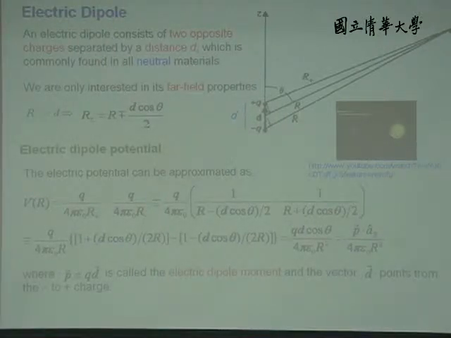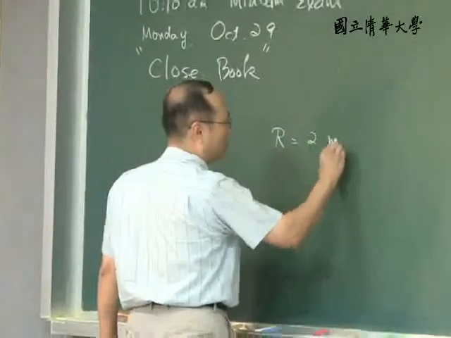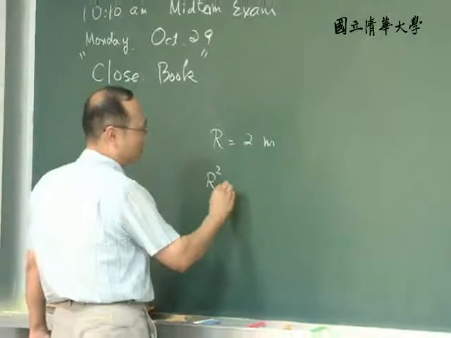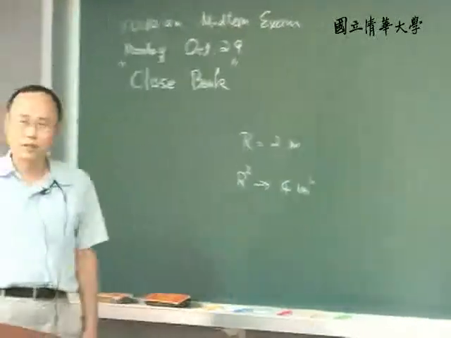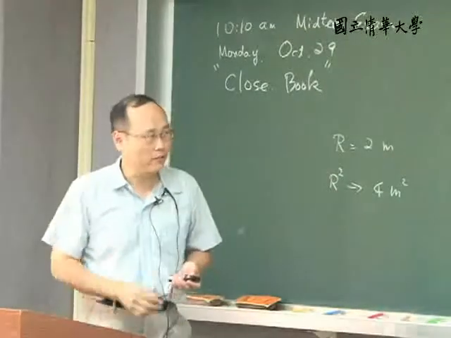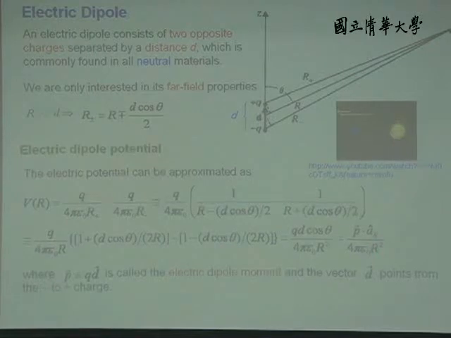Okay, 像 if r is equal to 2 meter, r square is going to give you 4 square meter, right? It's getting bigger. Therefore, this electric potential is going to be reduced more because of this arrangement.